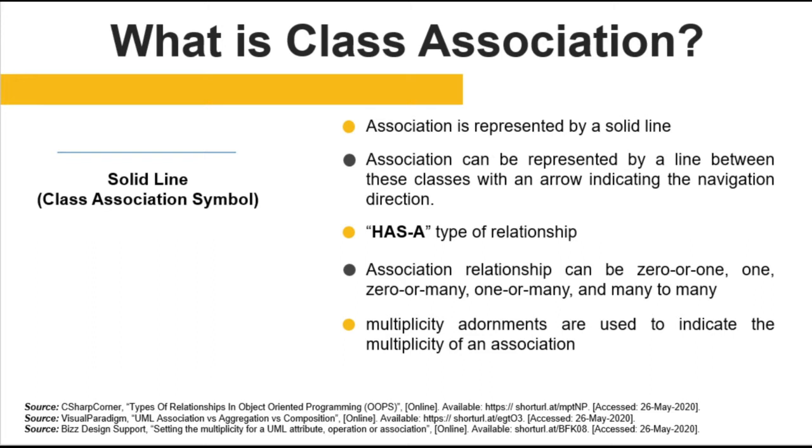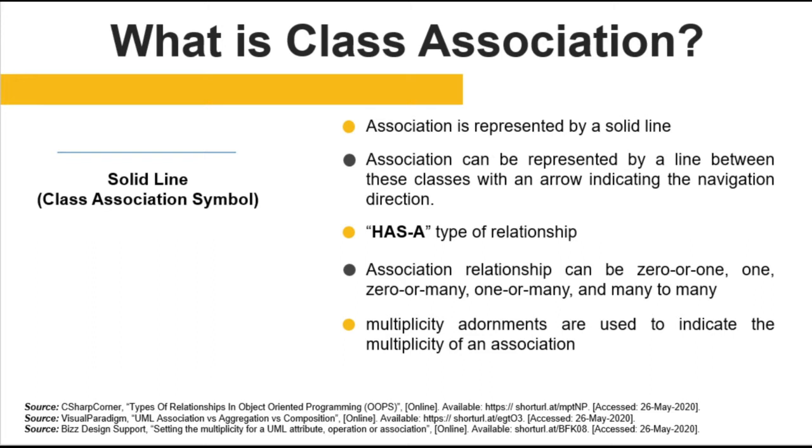Association is a has a type relationship. Association establishes the relationship between two classes through their objects. Association relationship can be 0 or 1, 1, 0 or many, 1 or many, and many to many. This association relationship is known as multiplicity.